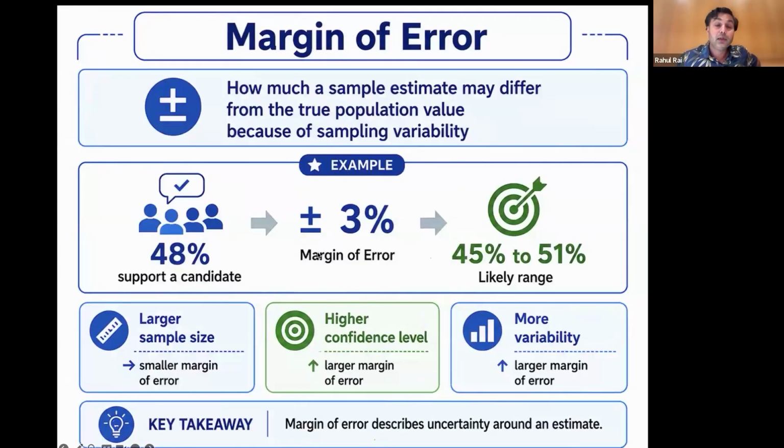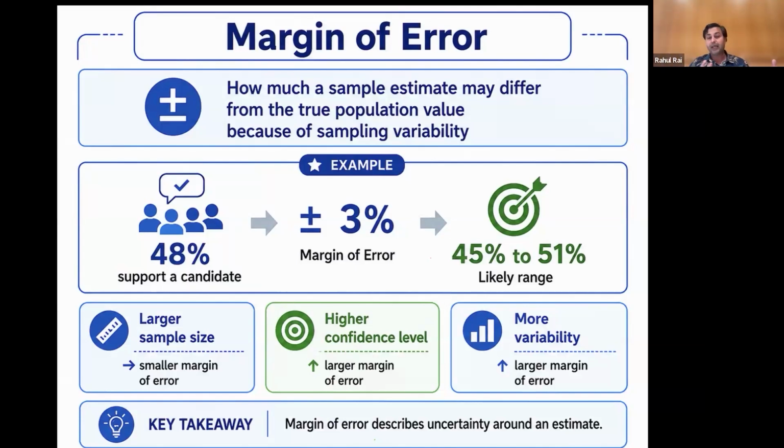Now, when we are talking about margin of error, it is how much the sample estimate may differ from the true population value because of the sampling variability. Remember, we talked about that when we are randomly choosing samples from the overall population, say 200 out of maybe 18,000, there are many ways we can create that sample, even if we are doing it randomly.